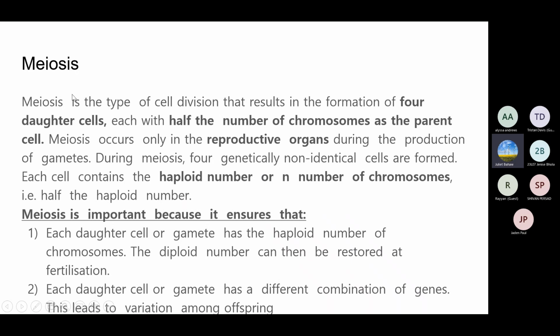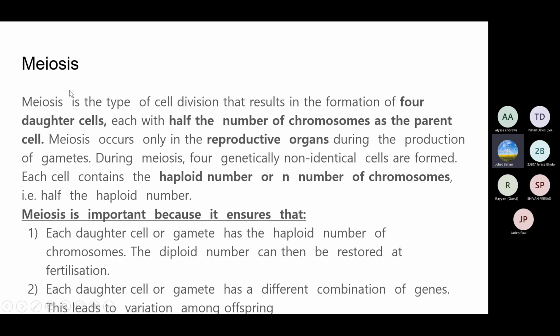Now it's a different type of cell division. However, the main difference is it occurs in the reproductive organs. The two cells that are going to divide by meiosis are the sperm cell and the egg cells. Those are the only two cells in humans that reproduce through this process.